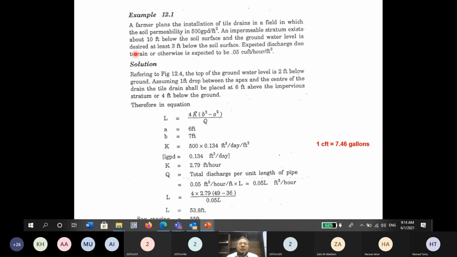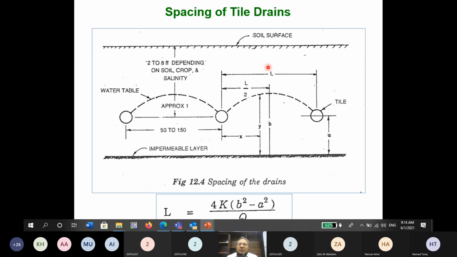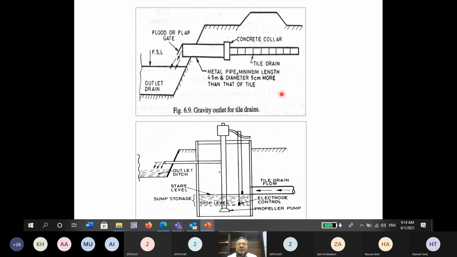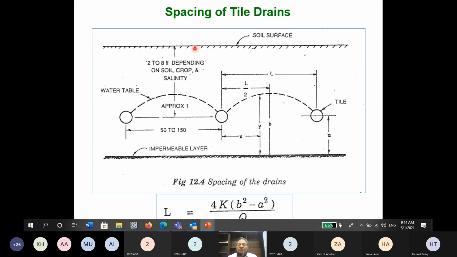And the groundwater level is desired at least 3 feet below the soil surface. What the farmer wants is that this water table should go down at least 3 feet below the ground surface.